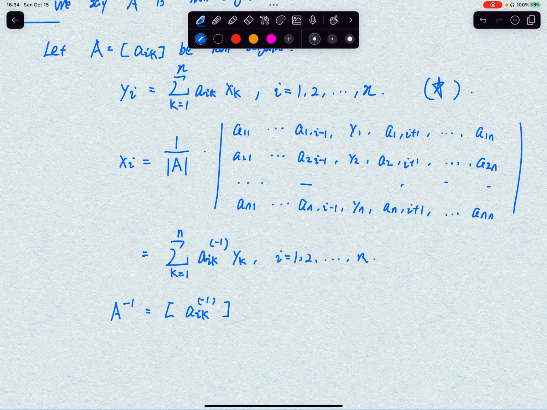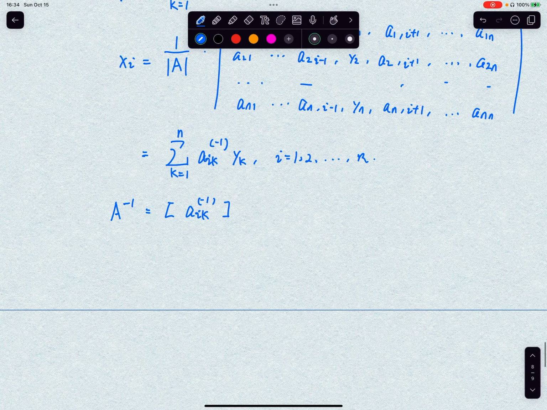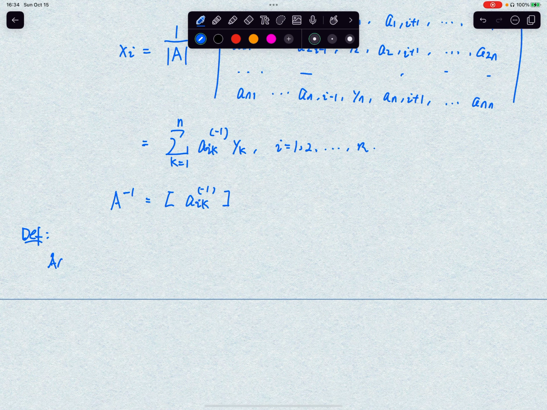And recall we introduced the terminology invertible for a determinant or n by n array. Let us generalize this to an n by n matrix.